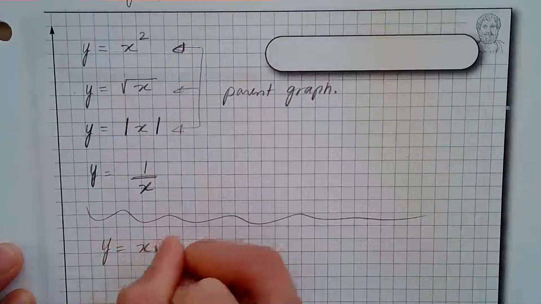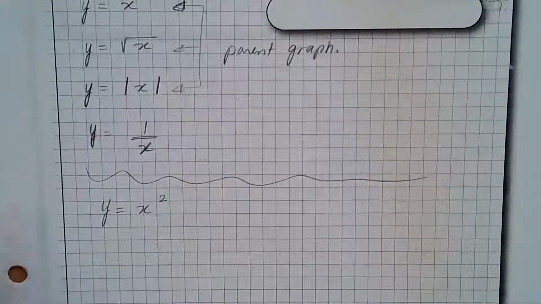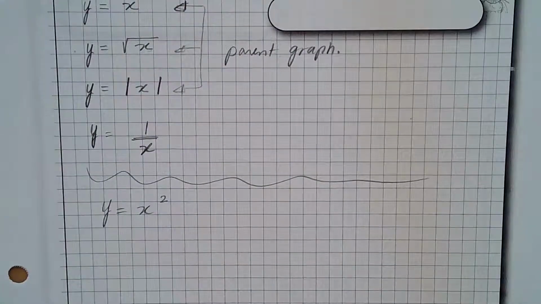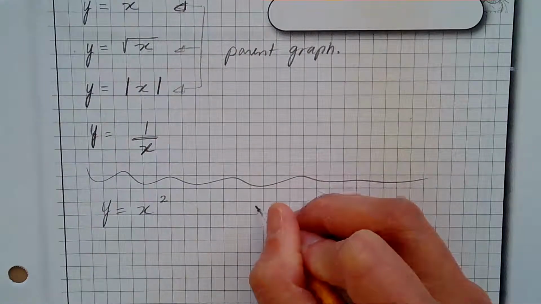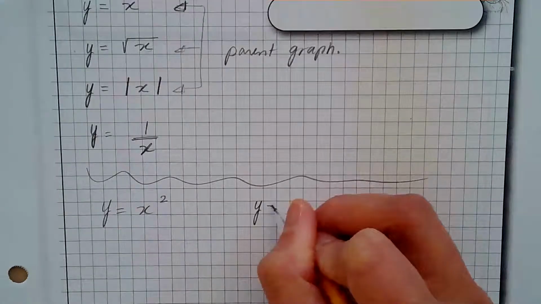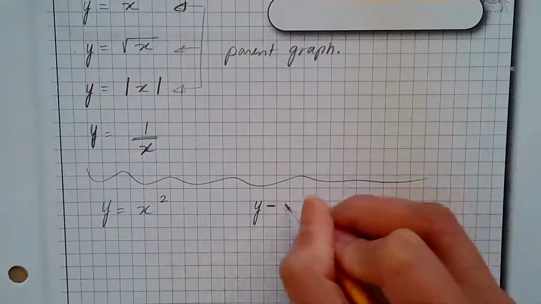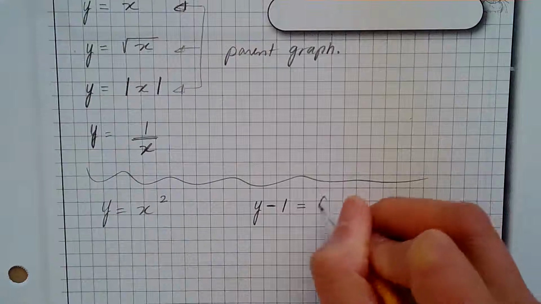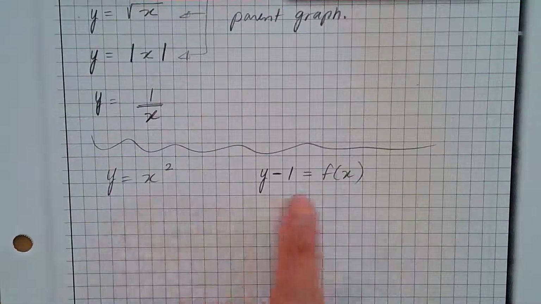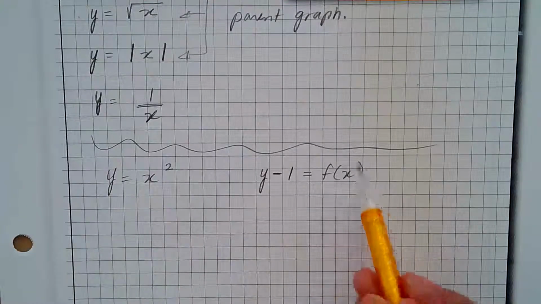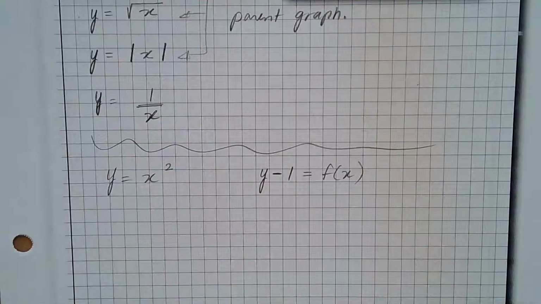Y equals x squared. What if we say we want to do this? Y minus 1 equals f of x. How do you do that? We know that f of x is now x squared, so how do we do that?